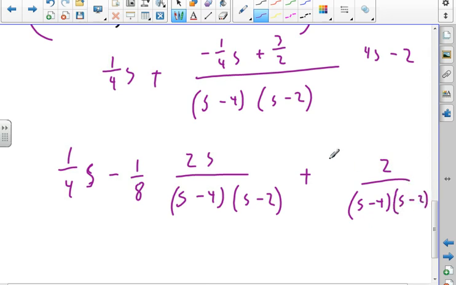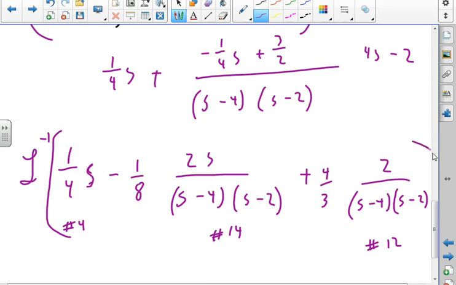And to have a 2 there, I'm going to have a 4/3 on the outside. Okay, now this is number 12. This is number 14. And this is number 4. Now I'm set to do an inverse Laplace transform of everything.